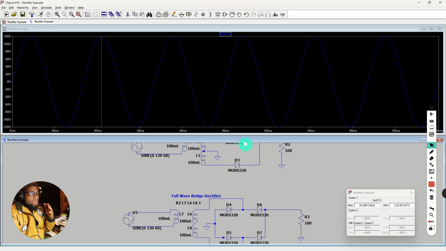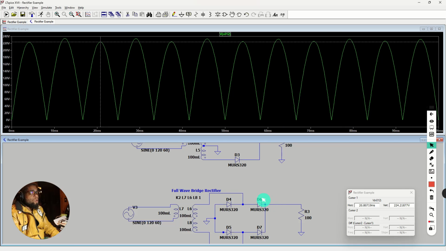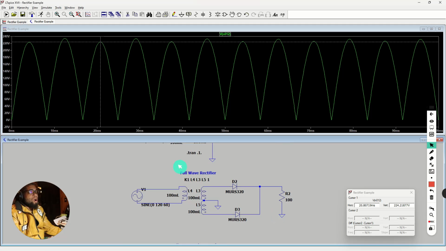But with your full wave bridge rectifier, if we look at this for a second, this is the input, 120. If we go on the output, what do we notice? It looks very similar to our full wave rectifier, but do we notice something? The full wave rectifier is in the blue, and the bridge rectifier is in the green.